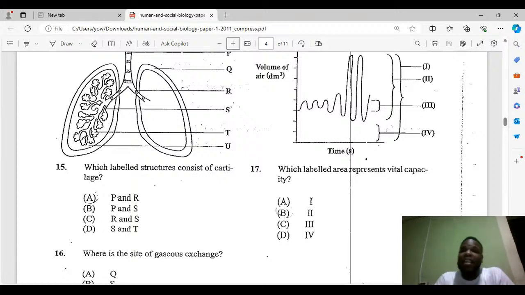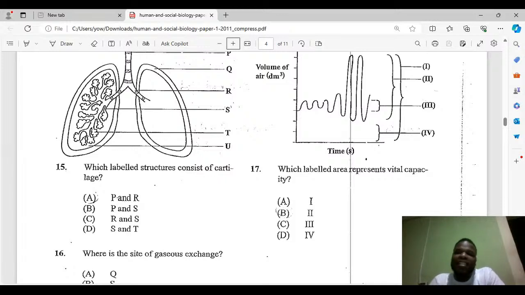That's basically it. All right, then, so back to this question 17, which labeled here represent vital capacity. I'm seeing C. Now, this would be tough for you. Somebody say, what is a spiral capacity? It's not a spiral capacity. It is a vital capacity.